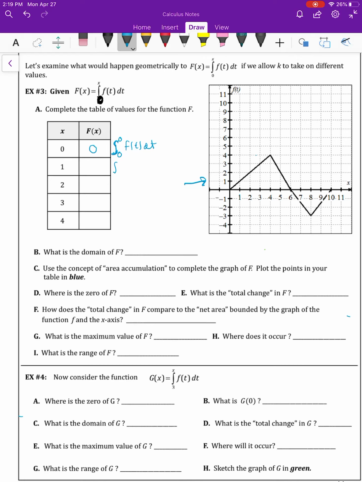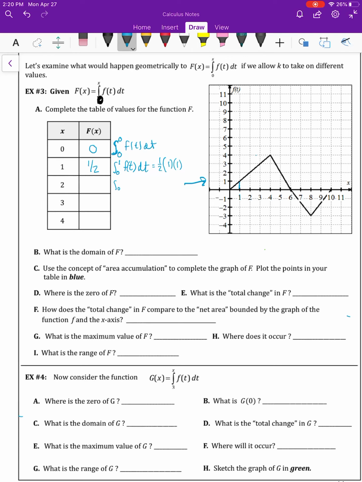The next one would be the integral from 0 to 1, f of t dt. Okay? So if I look at that, it's this tiny little triangle here, and we said that we would calculate it 1/2 base times height. The base is 1, the height is 1. So 1/2 times 1 times 1, that's going to be 1/2.